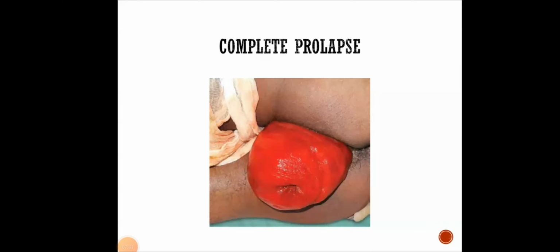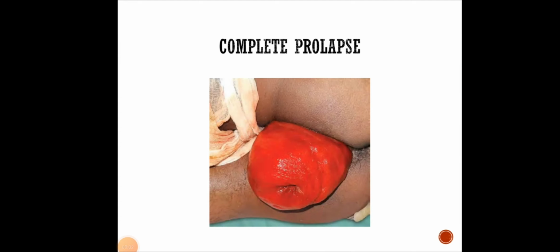There may be a long history of difficulty with defecation, then sliding hernia can be a reason. When the patient has a sliding hernia, the hernia will be formed with the posterior wall of the peritoneal pouch also, and that will result in this complete prolapse.